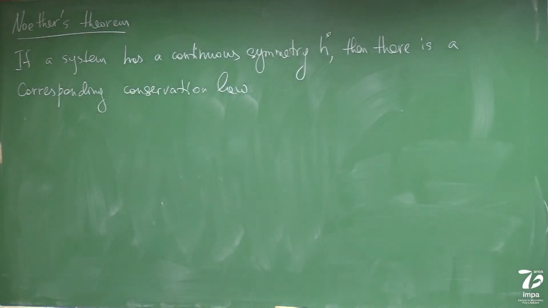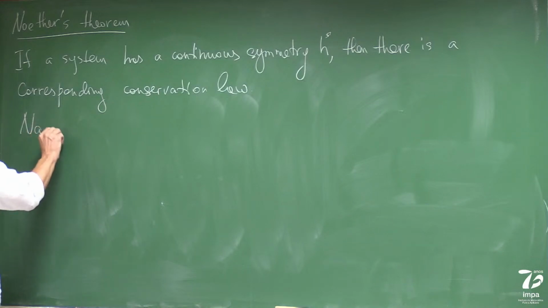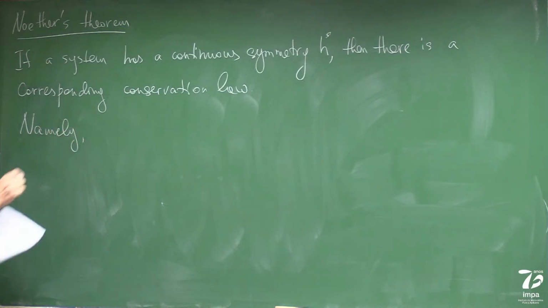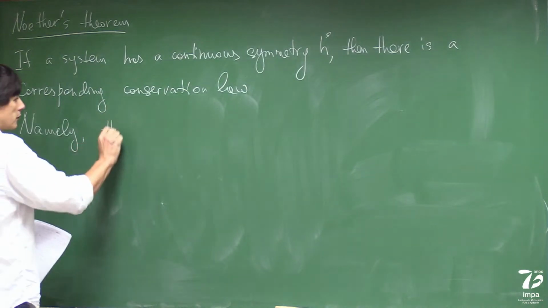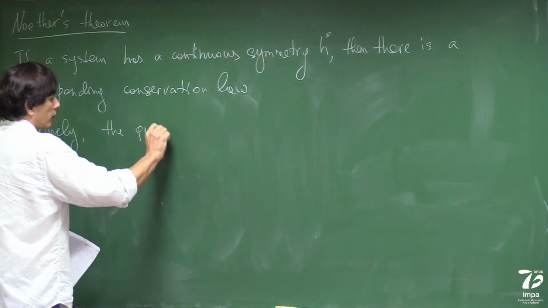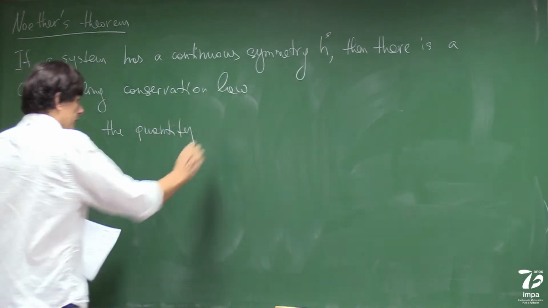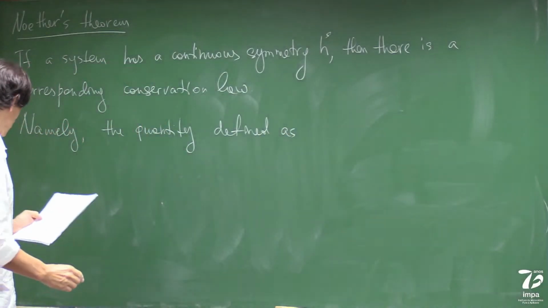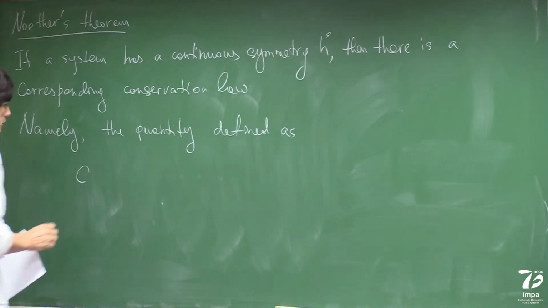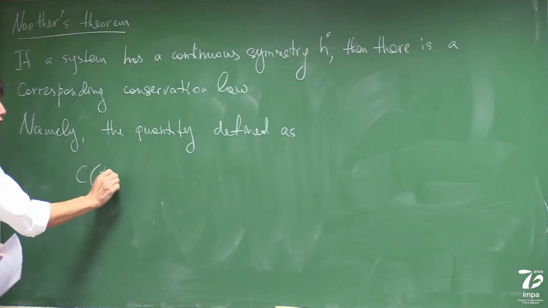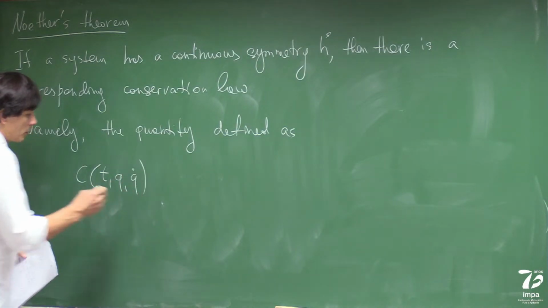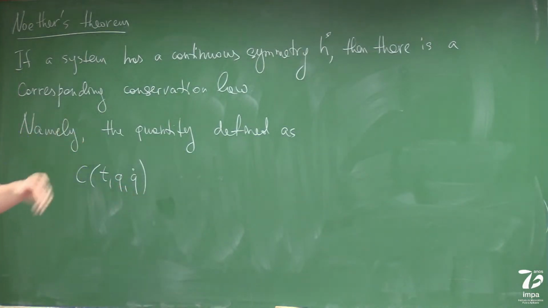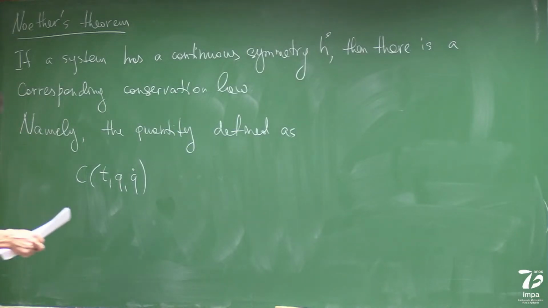So this is the qualitative form, and then let's write a constructive form. The conserved quantity is defined as a function C of time, coordinates and velocity, something we directly derive from the Lagrangian function and the symmetry.